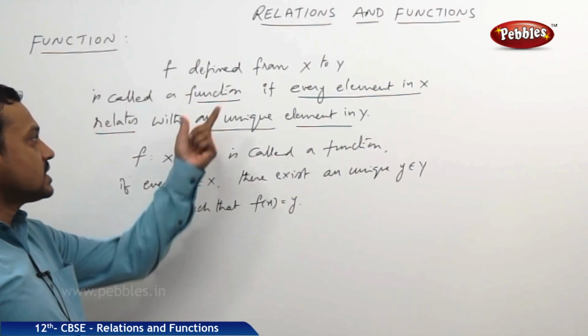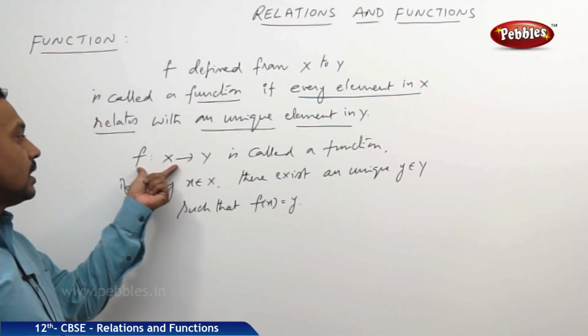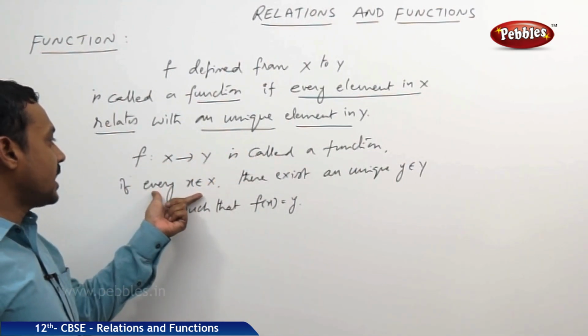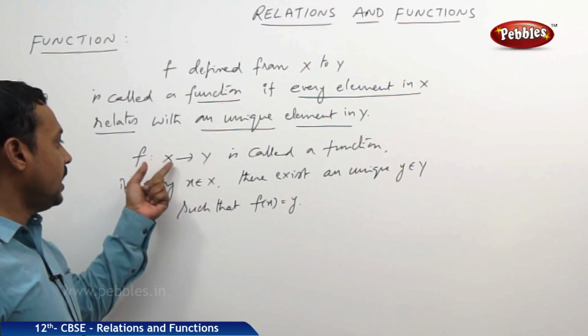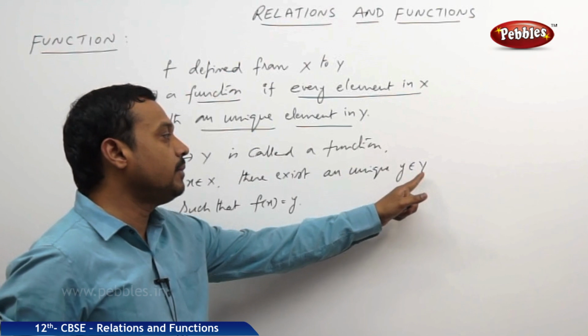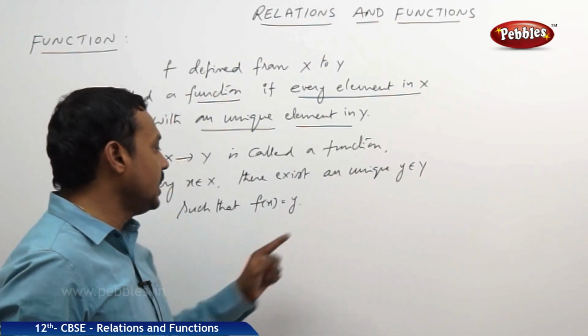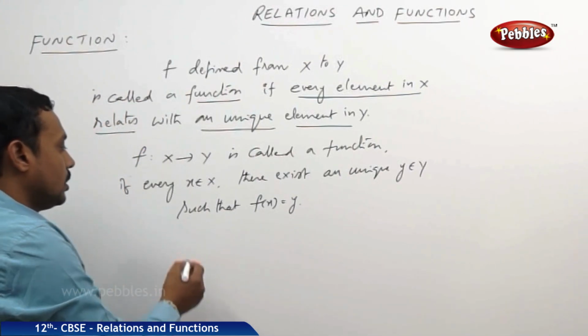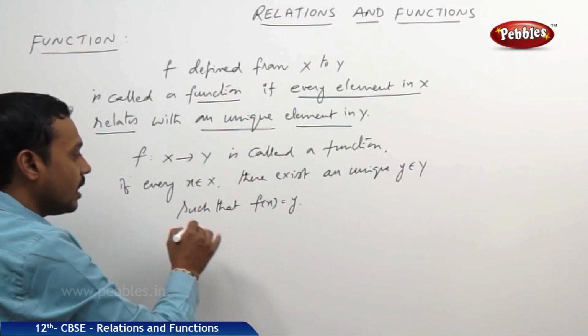This is also the same. Every relation defined from X to Y is called a function if every element x belonging to X has some element y belonging to Y uniquely such that f(x) = y. Now this is the definition.